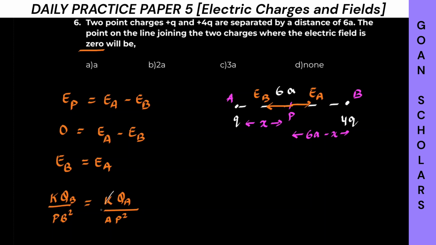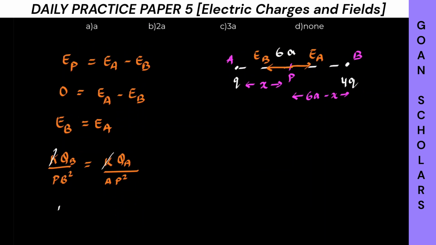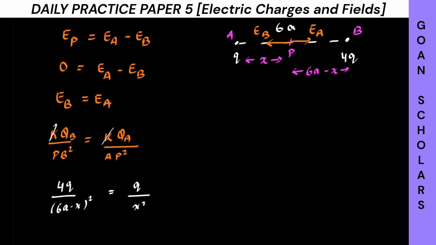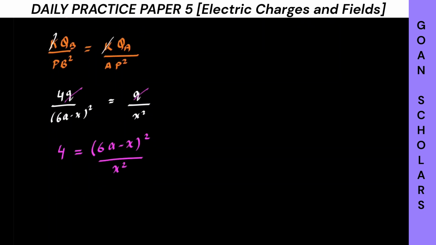Let's cancel K on both sides and see what we are left with. So charge on B is 4Q, PB is 6A minus x whole square. And charge on A is Q, and AP is nothing but x square. Now let's cancel out the terms, charge Q with Q, and 4 will be equal to 6A minus x whole square upon x square.